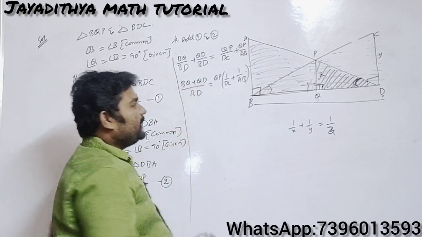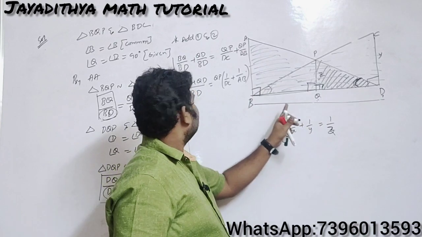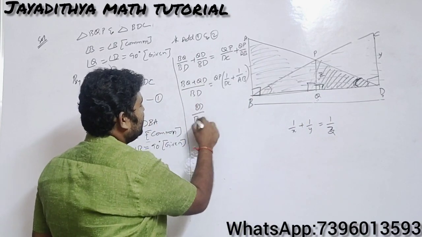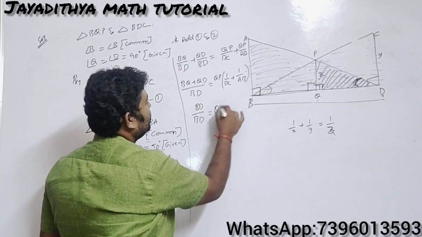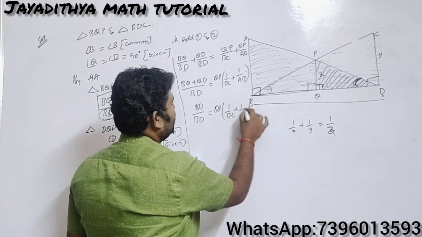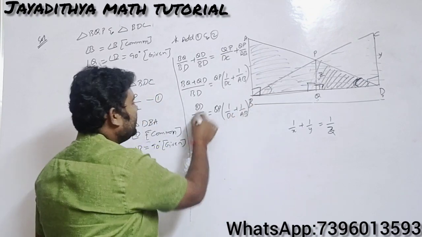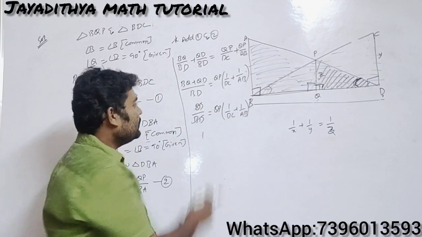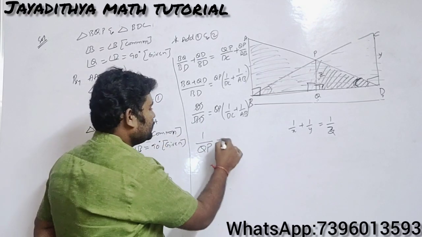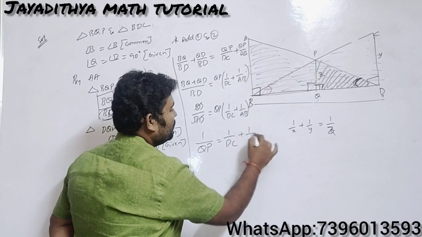Then BQ plus QD is how much? That will be equal to BD by BD, which is equal to QP into 1 by DC plus 1 by AB. So here BD and BD both get cancelled and you will remain with 1. If you bring QP to LHS, this will be 1 by QP, which is equal to 1 by DC plus 1 by AB.